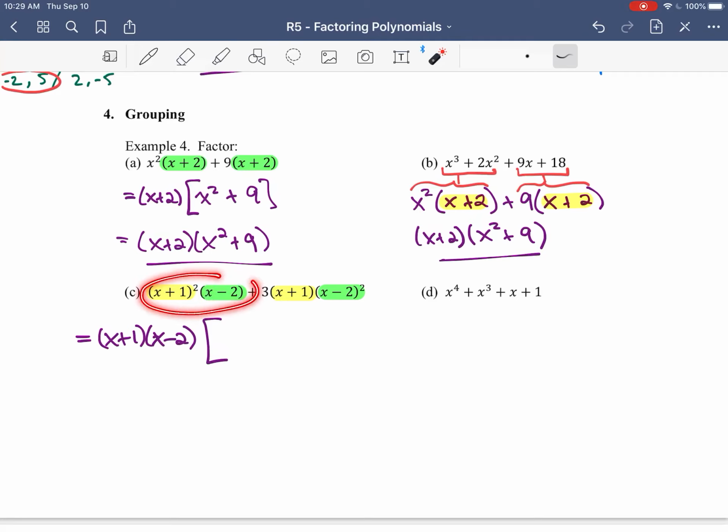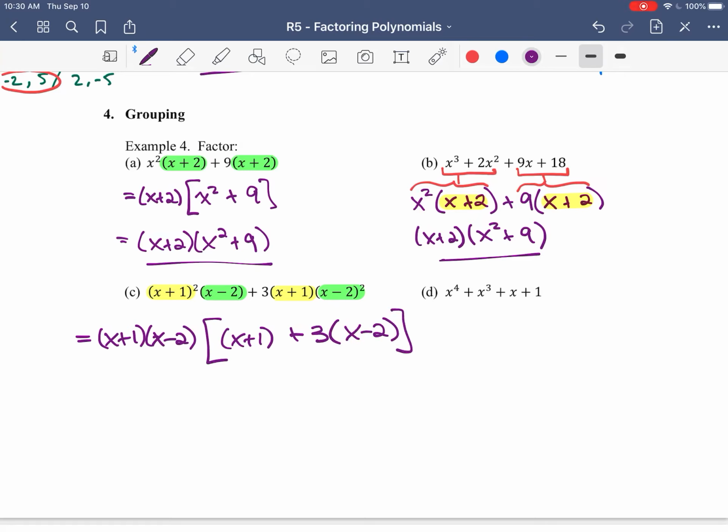So then in the first term, I pulled out this, and I pulled out one of these. That means I still have one of these left over. So the first term still has an x plus 1 left over. The second term, I took out the x plus 1. I took one of the x minus 2s. So I still have one of those left and the 3 that's there. So it's going to be 3 times x minus 2. Okay, now I just want to simplify inside those square brackets.